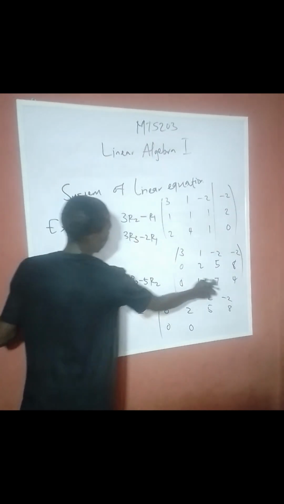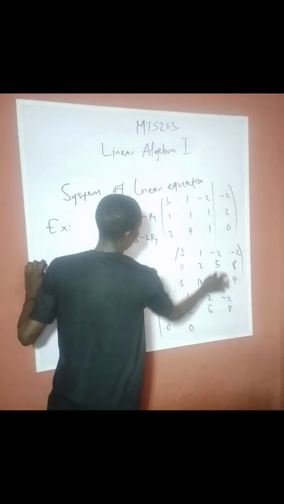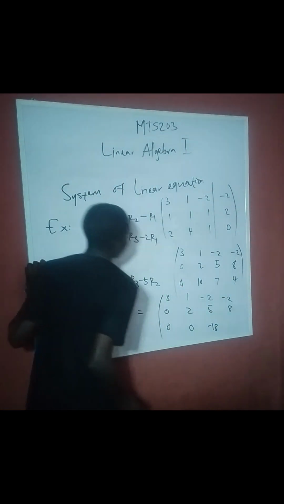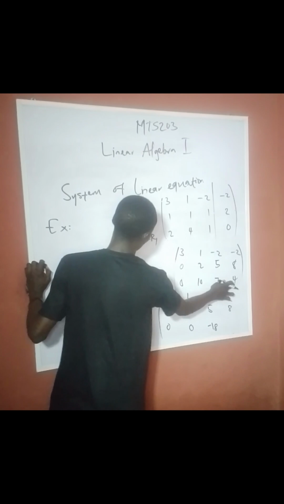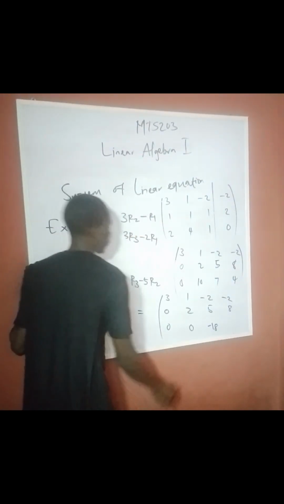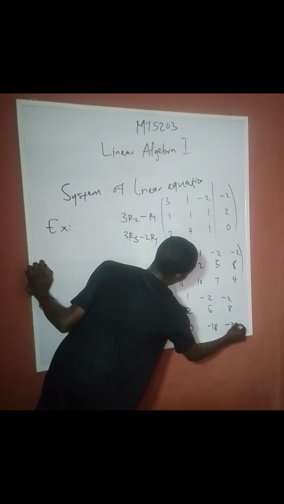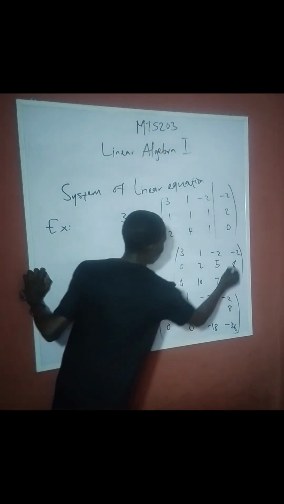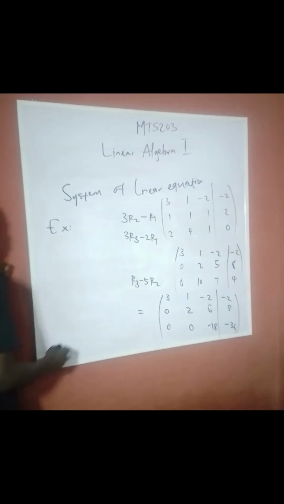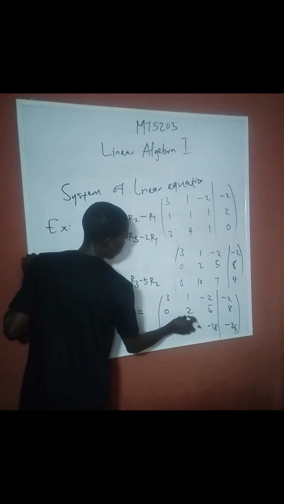And then 7 minus 25, minus 18. 4 minus 5 times 8, 40. 4 minus 40, minus 36. Okay, we can see now that, don't forget to put this line. Don't forget that. So we can see now that I have every element under my pivot to be 0.